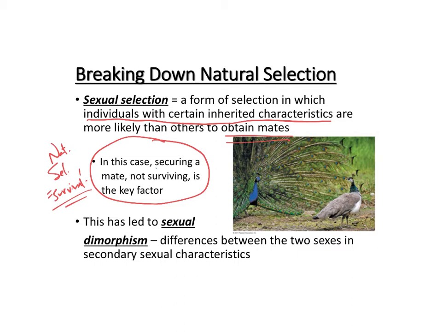In this scenario, the traits that are selected for are ones that help you secure a mate, right? So we think about like the classic peacock idea. This peacock that's really colorful and has this huge plume of feathers and all that stuff, which, by the way, is the male. If you didn't know that, the male's the pretty one.